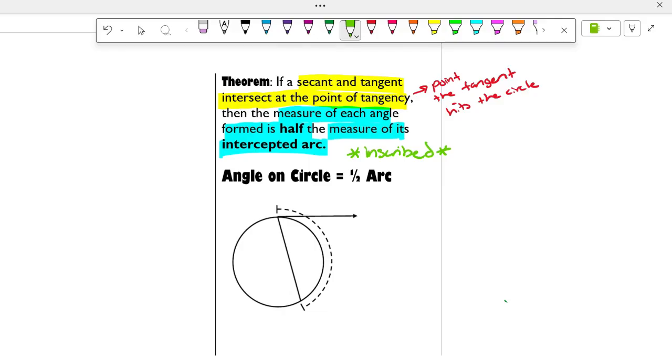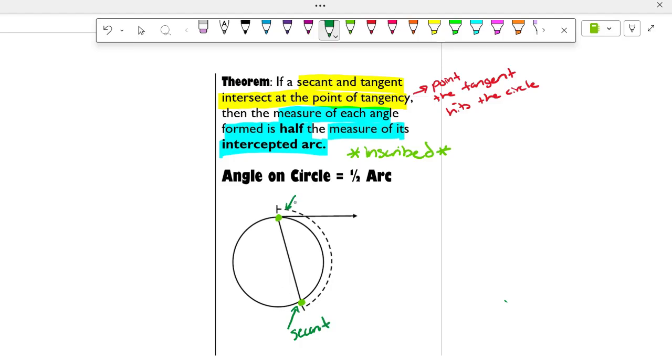So let's look at it. Now, this inscribed angle is a little funky because instead of one of its sides being in the circle, it's actually part of the tangent line. So this is the secant that they're talking about.